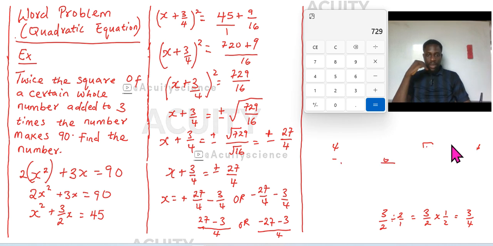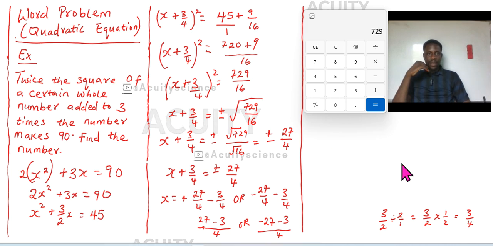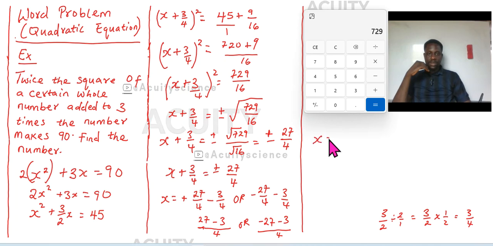Now, I have to simplify the right hand side. To do that, we'll say 27 minus 3 is 24, so 24 over 4, or minus 27 minus 3 is minus 30 over 4.